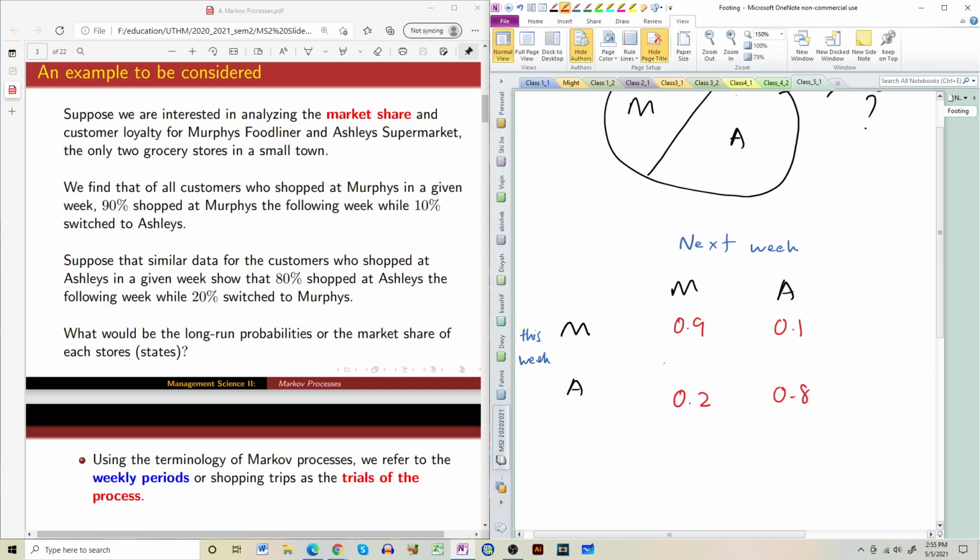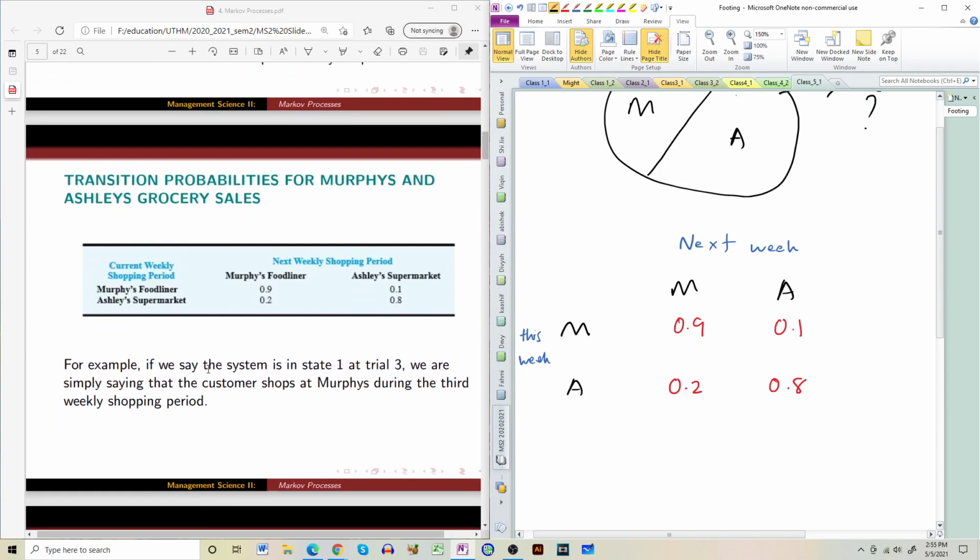So this is how you have to read and see these figures in the table. And this is known as the transition matrix or transition table. For the time being, I just leave it here as transition probability.